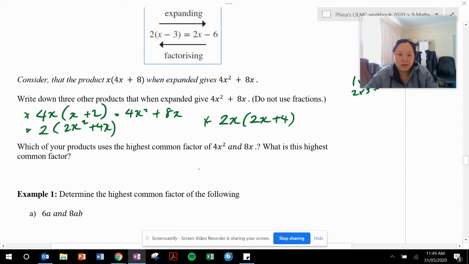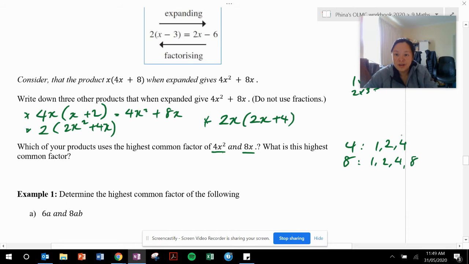So if we're looking for the highest common factor of 4x squared and 8x, there's a pretty methodical way of doing it. Just look at the numbers first and then look at the letters. If we look at the numbers 4 and 8, we list the factors. The factors of 4 are 1, 2, and 4, and the factors of 8 are 1, 2, 4, and 8.